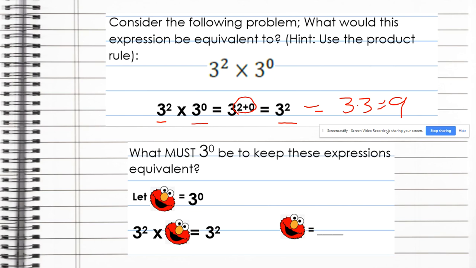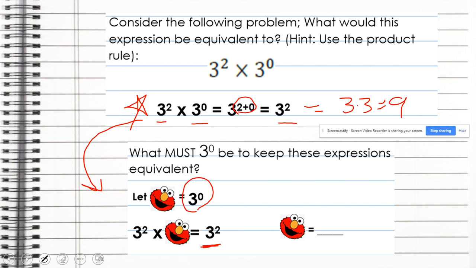What we just did up here, I want to be equivalent to what we're going to do down here. So let Elmo equal 3 to the 0 power. If Elmo equals 3 to the 0 power, and I have this expression, 3 to the 2nd times Elmo equals 3 to the 2nd, think to yourself, how can Elmo give me this answer? But Elmo is 0 power.